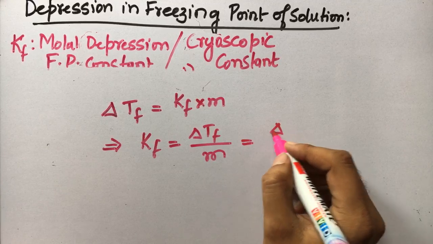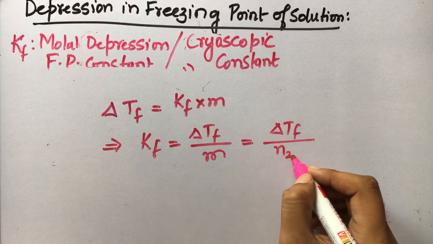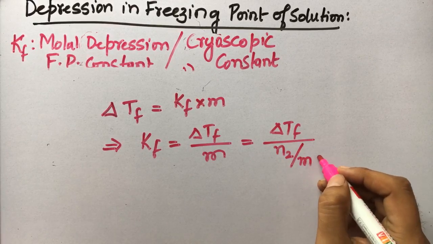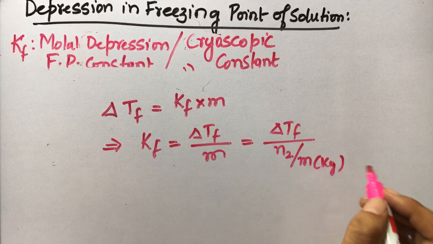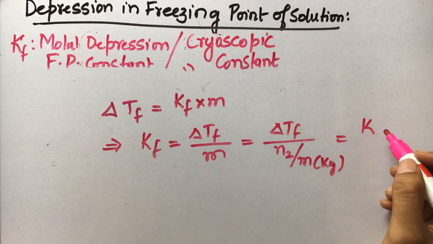This is equal to delta Tf divided by molality, which is the number of moles of solute divided by the mass of solvent in kg. So what is the unit of difference in temperature? Kelvin.